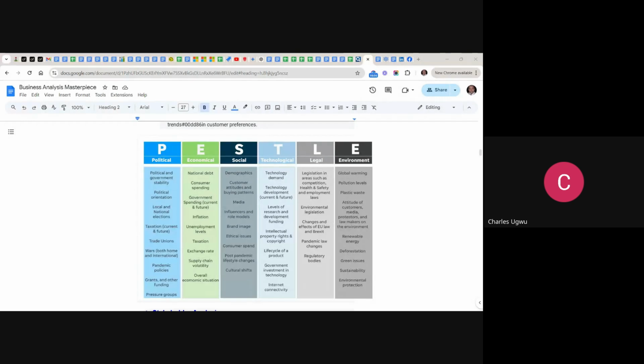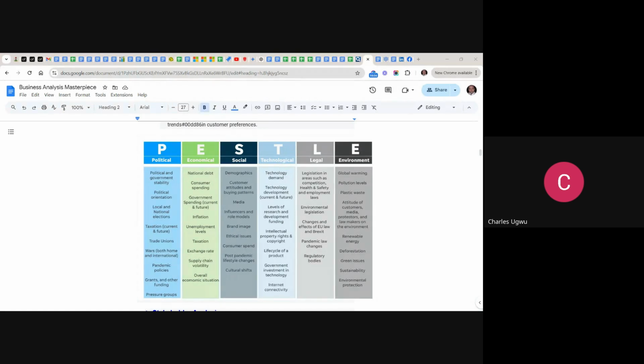Then you look at the legal aspect of it: legislation in areas such as competition, health and safety, and employment law, environmental legislation, changes and effects of different laws like the EU and Brexit, pandemic law, and regulatory bodies.